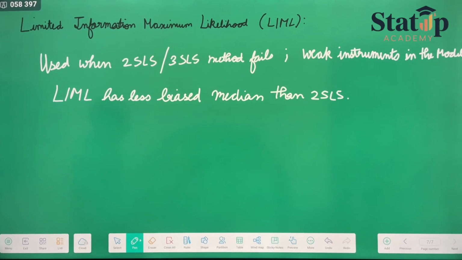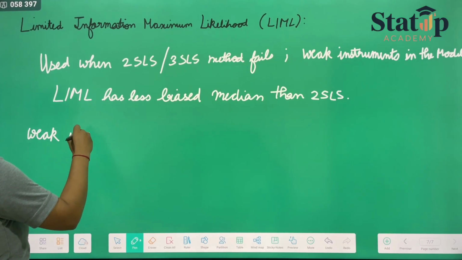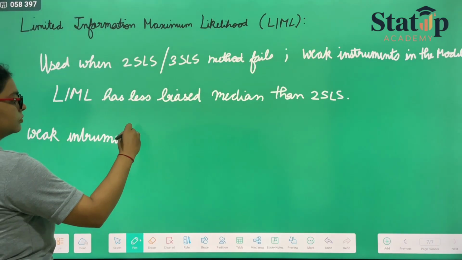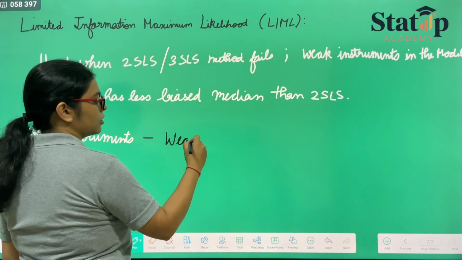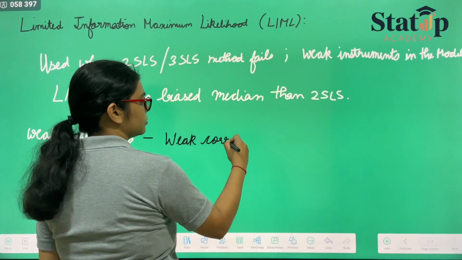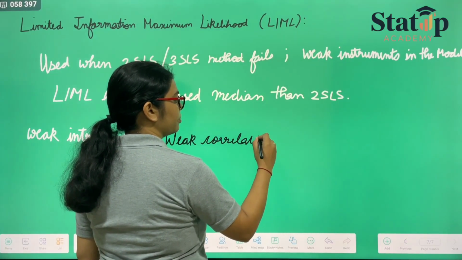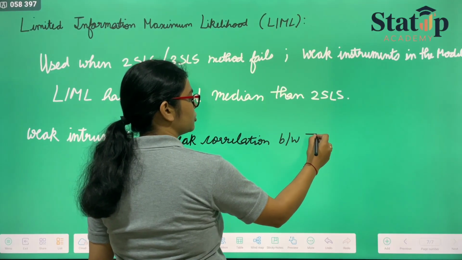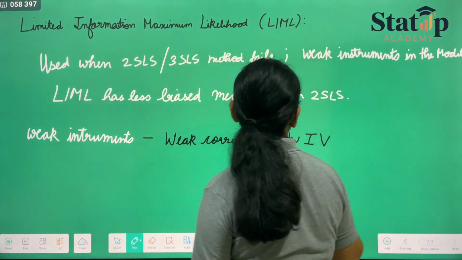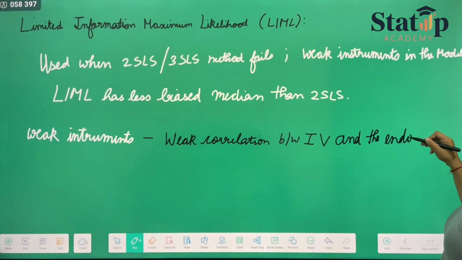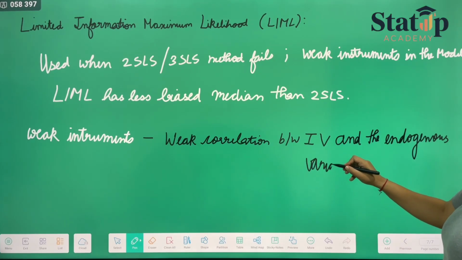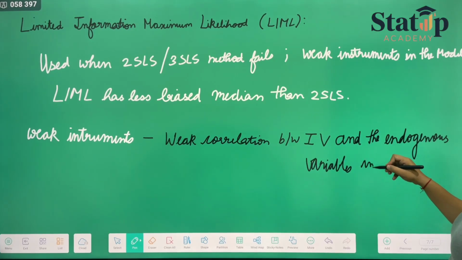Now, what are weak instruments? Weak instruments are weak correlation between instrumental variable and the endogenous variables in the model.